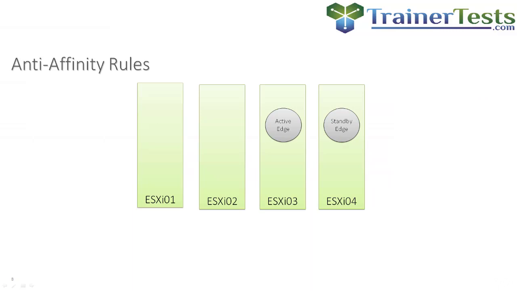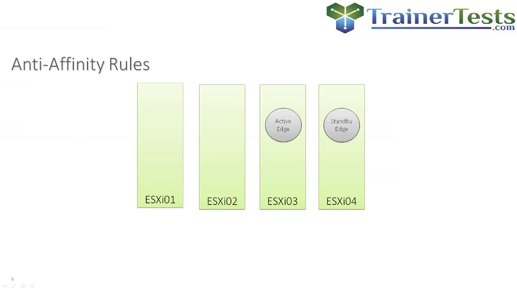One final consideration to bear in mind, here we see a couple of NSX edges. I've labeled them active edge or standby edge, but in reality, they could both be independent edges configured for equal cost multipathing. Regardless, I want to make sure that these edges stay on the appropriate hosts.